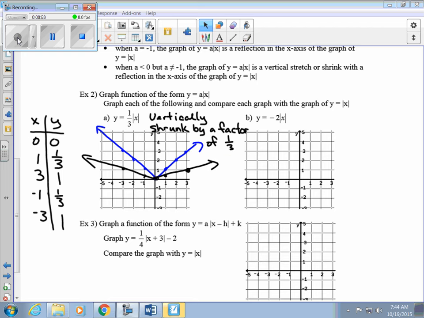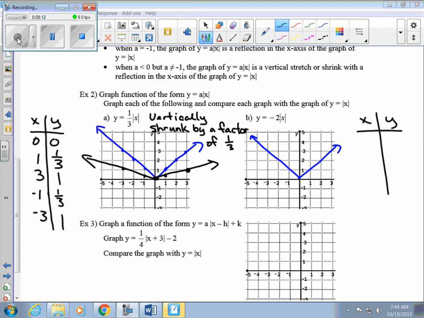So if we go over to B, again, I'm just going to draw the parent function. And after we get the habit of seeing this, you don't have to draw it on there all the time. But now, I'm going to make a table of values. So if I put in 0, I get 0.